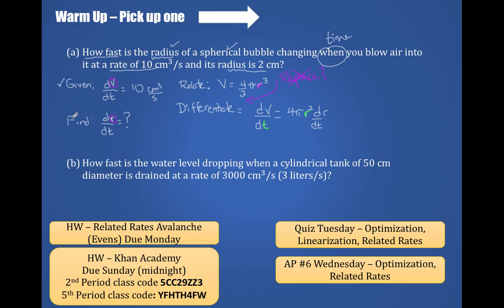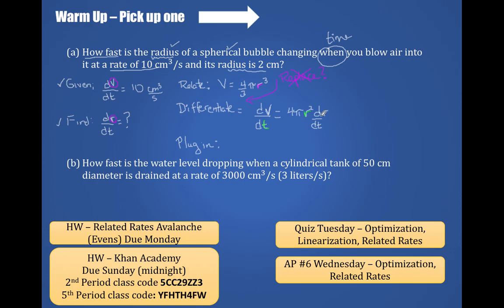Take a check. I have dV/dt after differentiation, and I have dr/dt after differentiation. Now I can plug in values that change with time. What do I plug in for? Am I plugging in for volume, or am I plugging in for radius? Or am I plugging in for dr/dt?